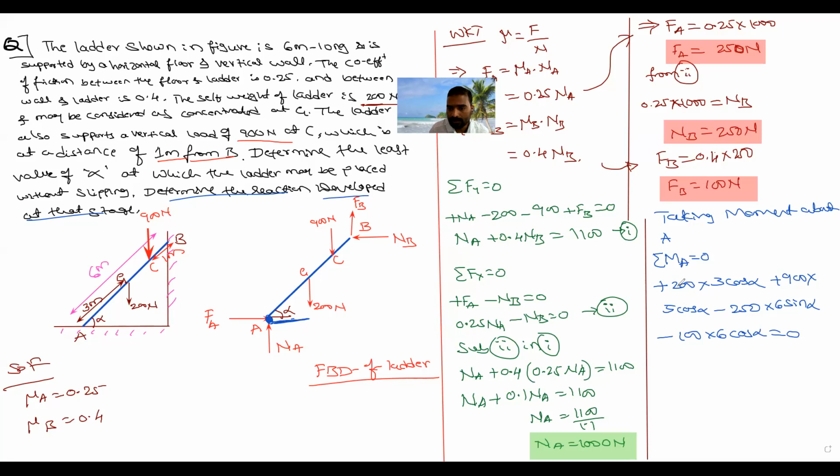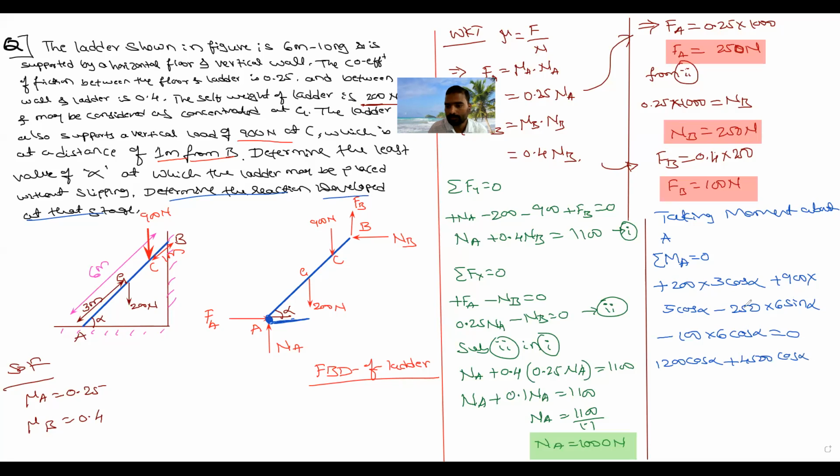200 into 3, that is 1200, so 1200 cos alpha. Then 900 into 5, 4500, correct? Plus 4500 cos alpha.